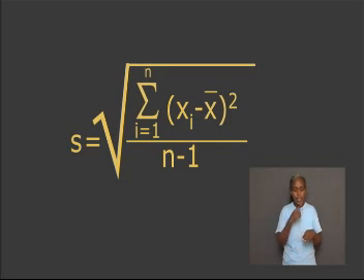Since the deviations are squared, the values become non-negative without violating any rules. This makes standard deviation the best measure of variation. The greater the standard deviation, the higher the variability.